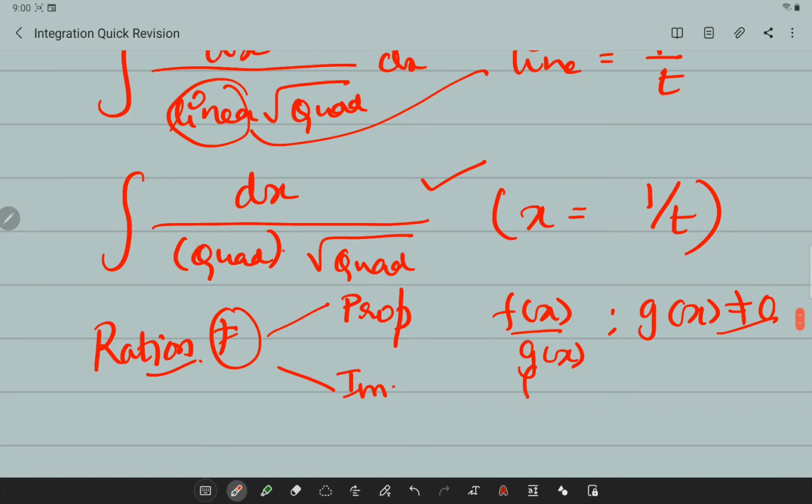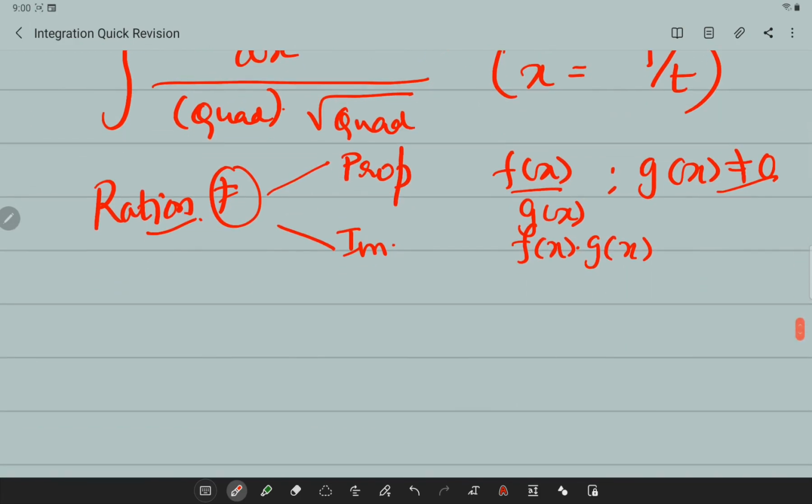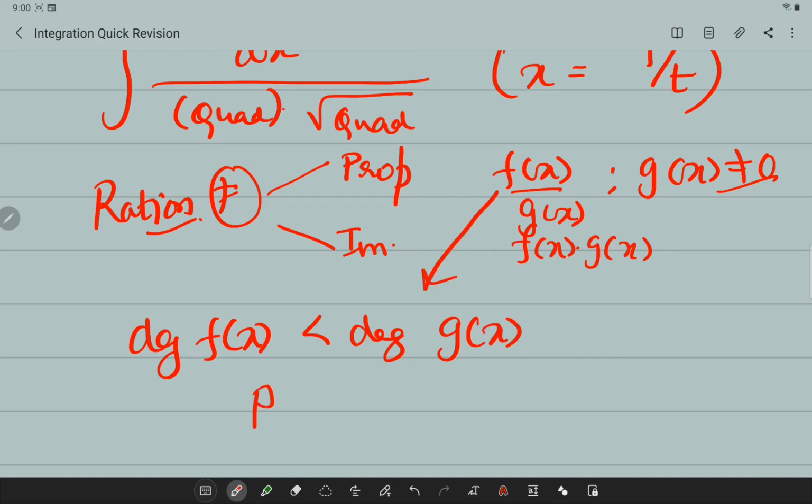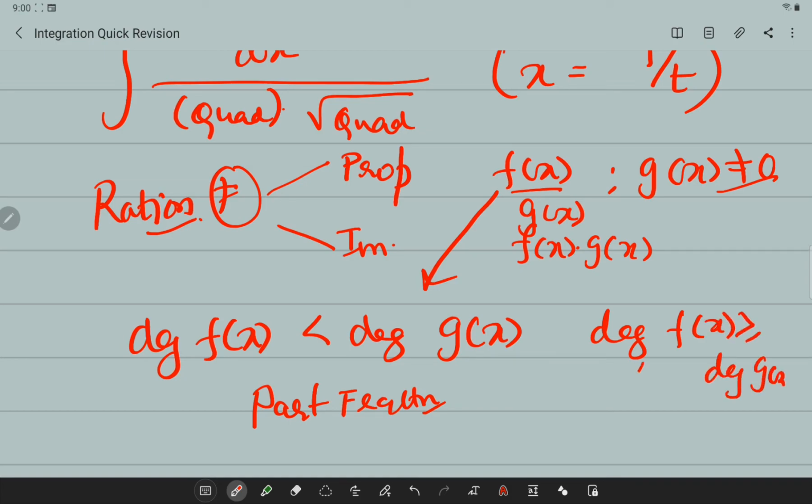Now if the degree of f of x is less than the degree of g of x, in this case they can be converted into partial fractions. And if the degree of f of x, the numerator, is greater than or equal to the degree of g of x, then also you have to convert into partial fractions.